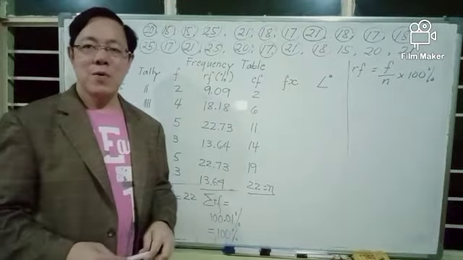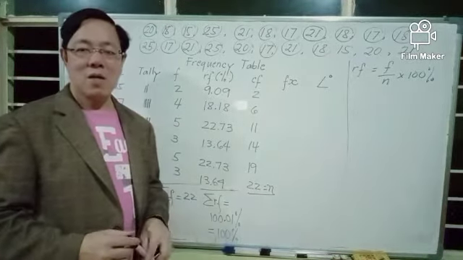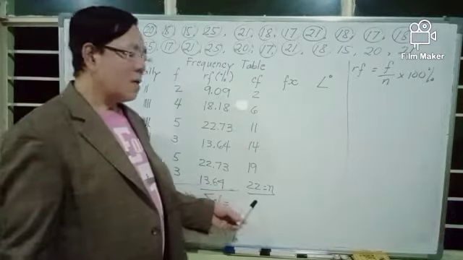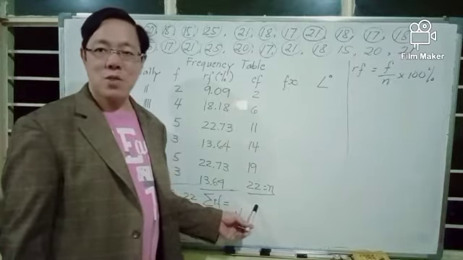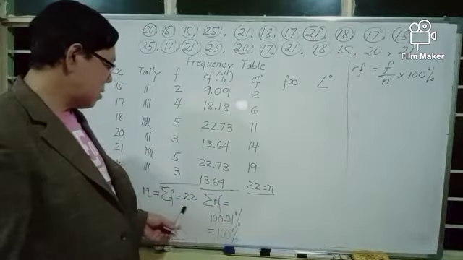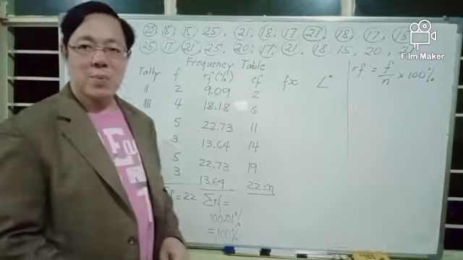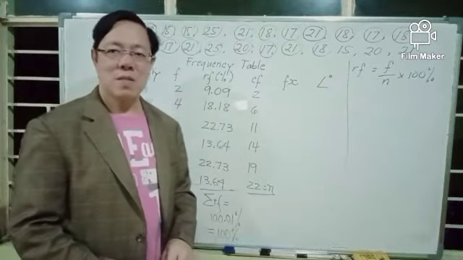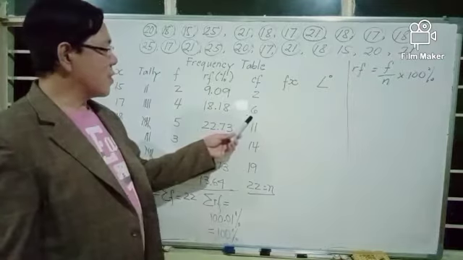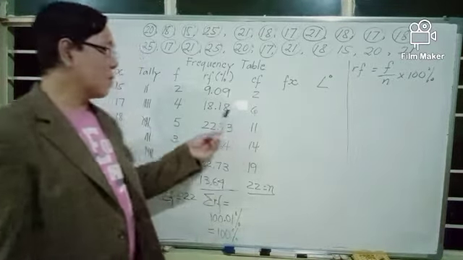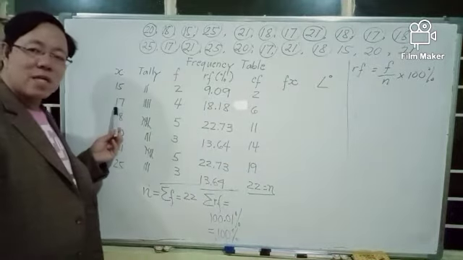You would know if you have obtained the correct cumulative frequencies. The last cumulative frequency should always be equal to the sample size n. Now, how do we interpret the cumulative frequencies? The cumulative frequency of 6 means that there are 6 students with scores of 17 or below.